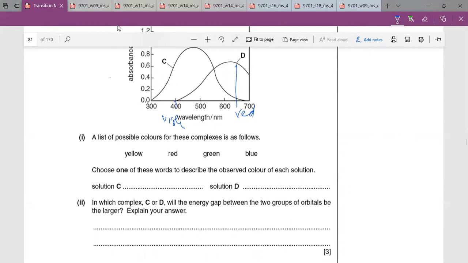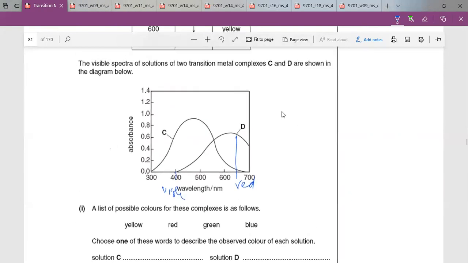Choose one of these colors to describe the observed color for student C. If it absorbs here, which is your yellow green, and red is unabsorbed, so the solution is red.